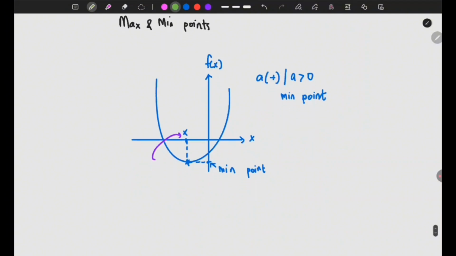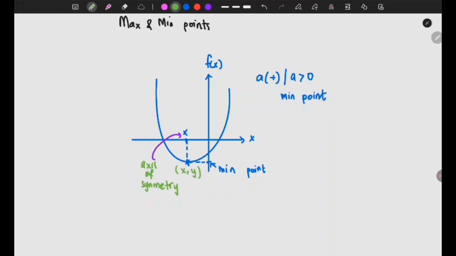What is the axis of symmetry? It means the middle part of the graph, the quadratic curve. The x value where you cut the middle is the axis of symmetry, and the y value represents the minimum point. So the coordinate of this will tell you two things. One, you get to know the axis of symmetry. One more, you know the minimum point.